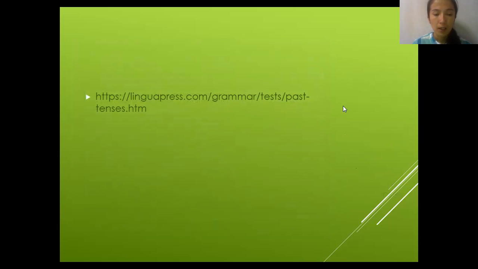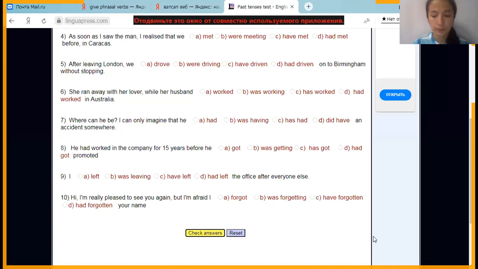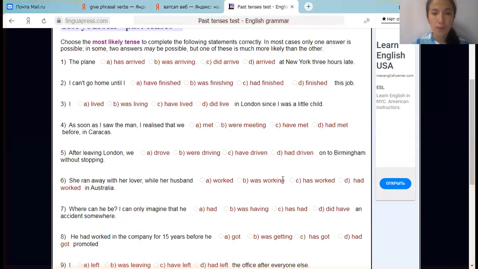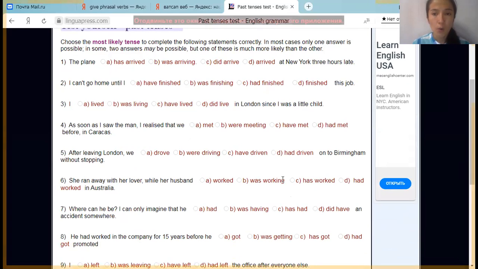Let's solve the test from the website. Test yourself: past tenses. Choose the most likely tense to complete the following statements correctly. In most cases, only one answer is possible.